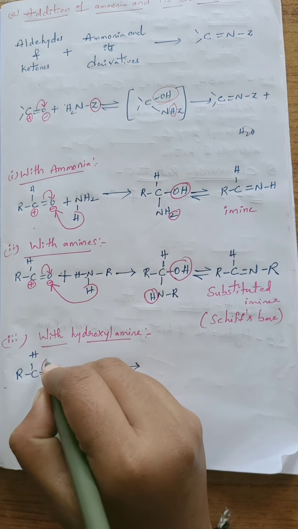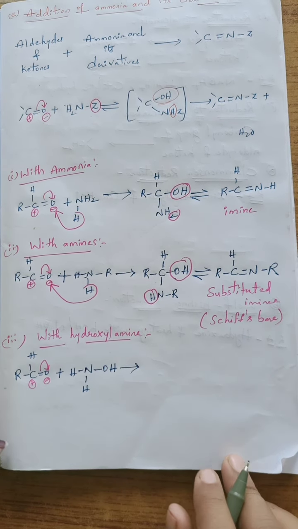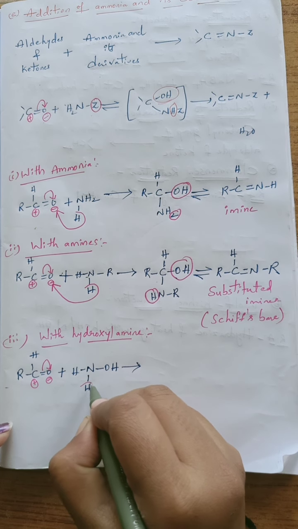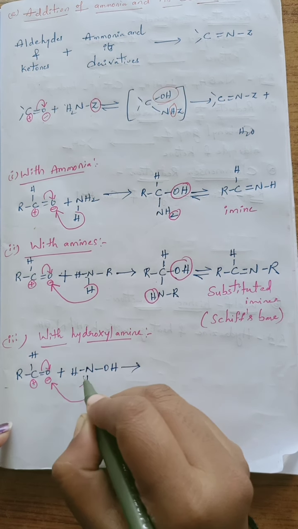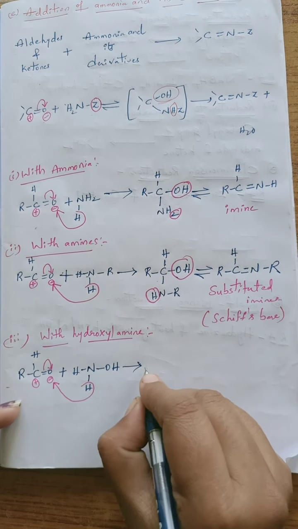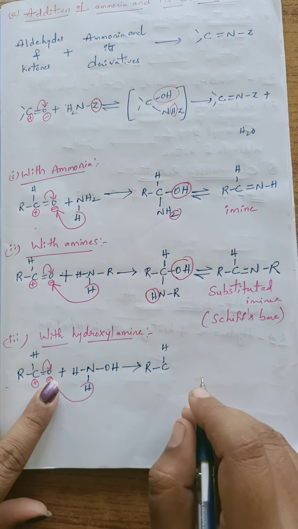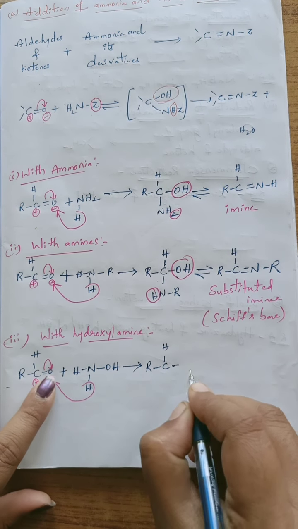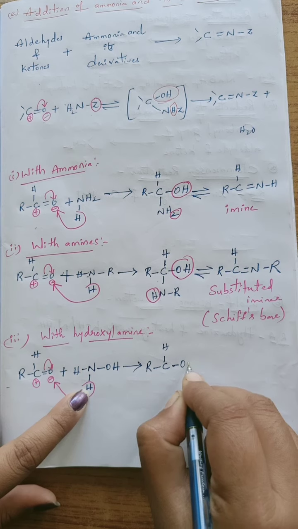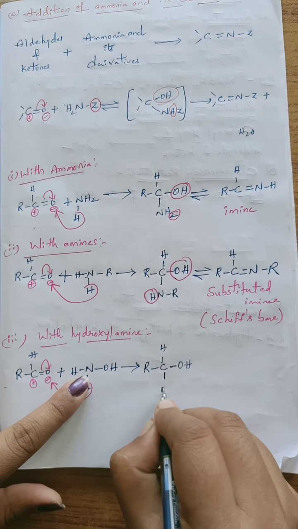Between carbon and oxygen, the pi bond moves to oxygen, oxygen gets a negative charge, carbon gets a positive charge. And from here hydrogen eliminates as H plus and is added to oxygen, the NHOH part is added to carbon. Then we will get here R, C, H. Now the double bond became a single bond. To that oxygen this hydrogen is added, and to the carbon atom the NHOH group is added. NHOH.